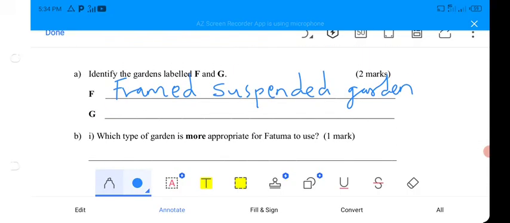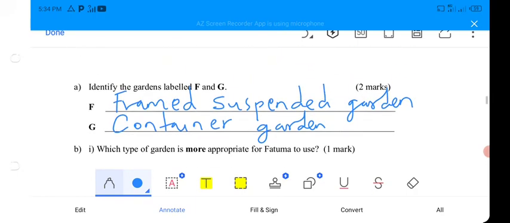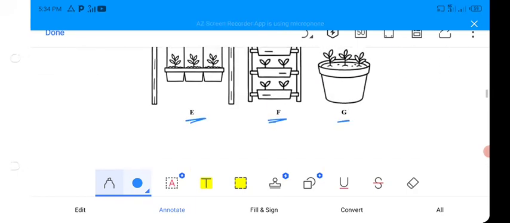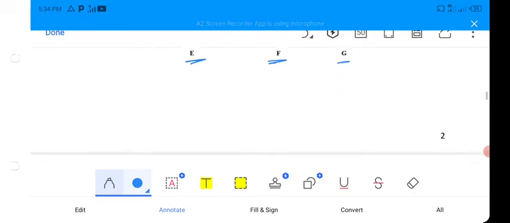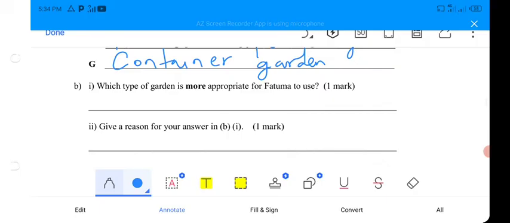It's in a container, so it's a container garden. So, which type of garden is appropriate for Fatuma to use? The appropriate garden is F because it can accommodate many crops and requires little space. Give reason for your answer.